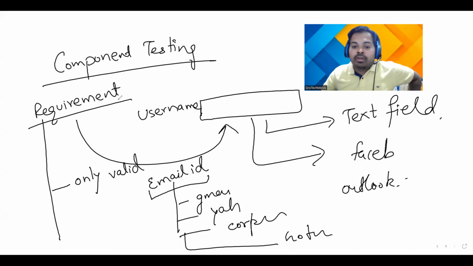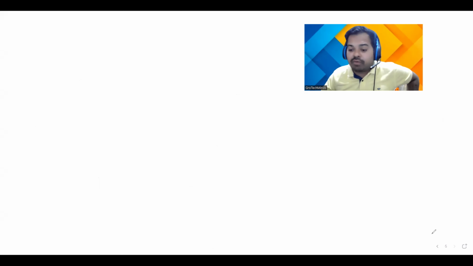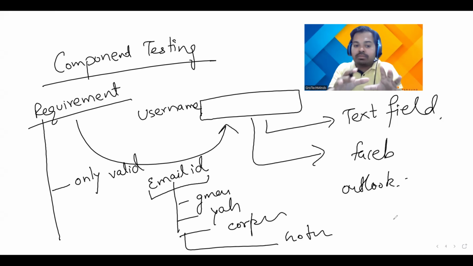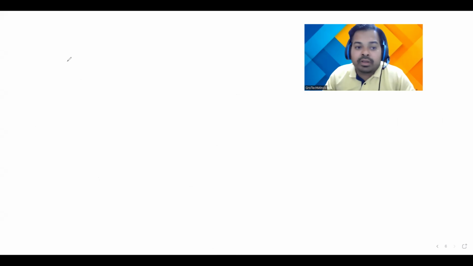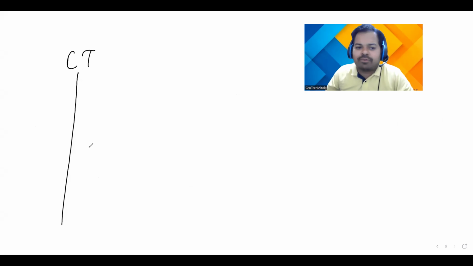So guys, now we have to test this username text field, and now we have the requirement with us, right? Guys, always remember, whenever you're doing component testing, we have so many types of testing.